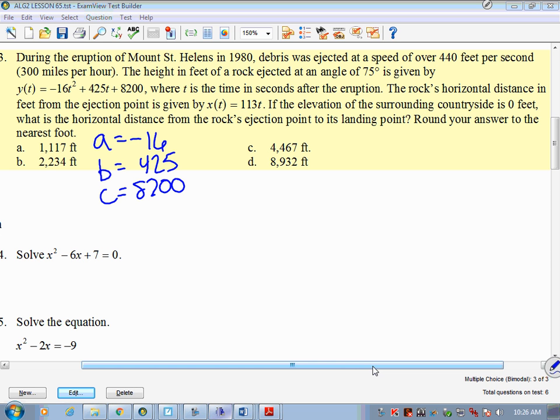What is the first thing I need to write? Remember the equation. What is the quadratic formula, class? Negative b plus or minus square root of b squared minus 4ac, all divided by 2a. All right, so I need my negative b first. So what am I going to write first?